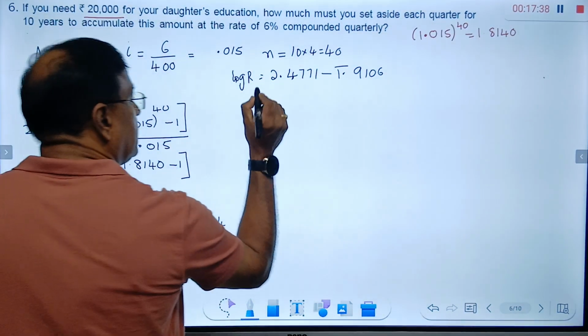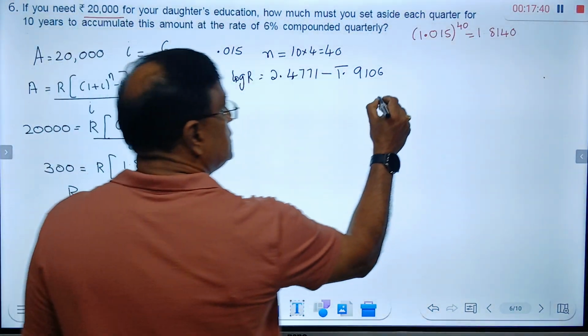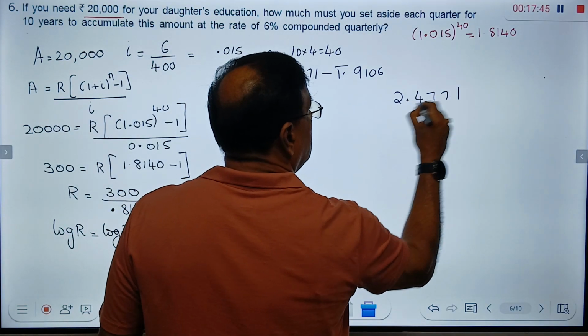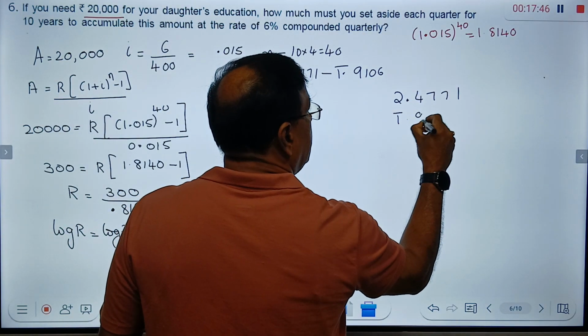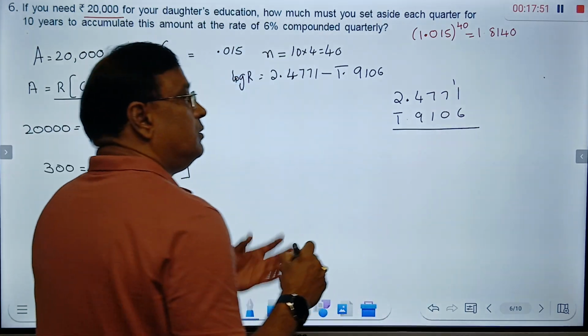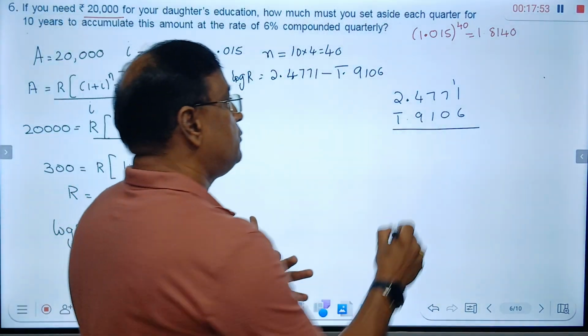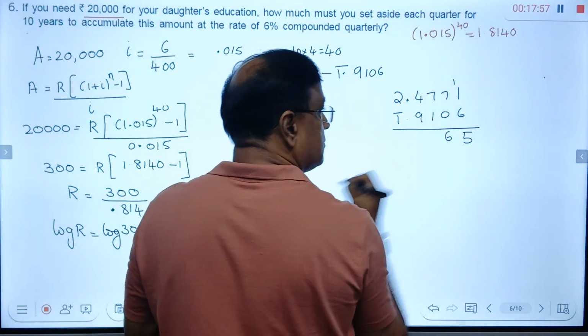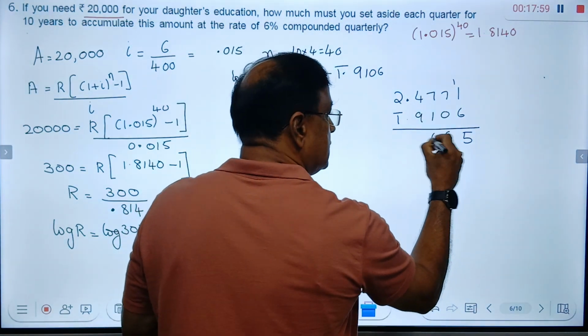Now when you subtract, maybe you have a difficulty in subtraction, that I will explain. 2.4771 minus bar 1.9106. Now how do I subtract? Borrow 1, you get 7, 8, 9, 10, 11, so it's 5. So this will be 6. 6 minus 0 is 6. 7 minus 1 is 6.